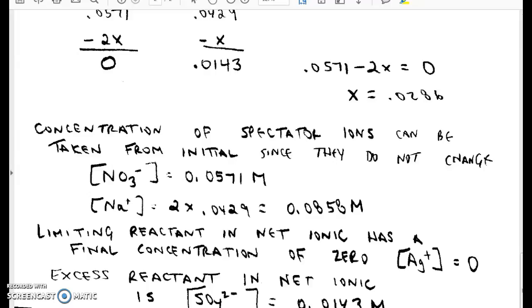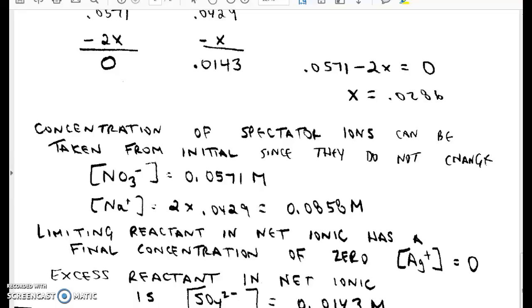The sodium ion concentration is 2 times the sodium sulfate concentration, or 0.0858 molarity. So whatever molarity the sodium ion is at that instant of mixing is the same as the sodium ion concentration after. Nothing has changed for those spectator ions.